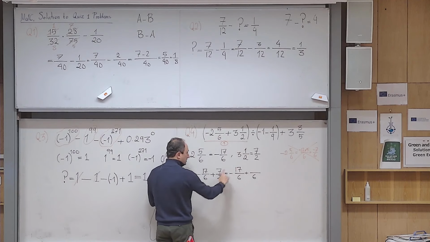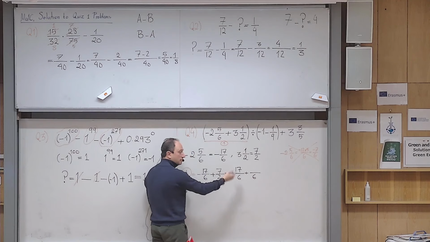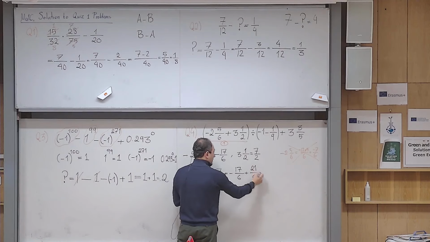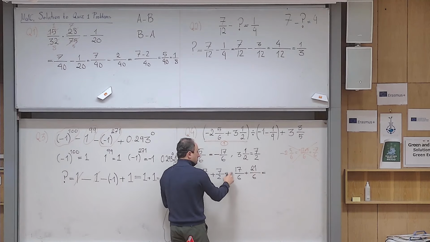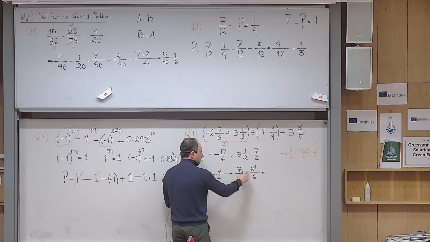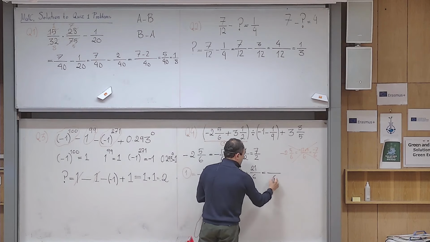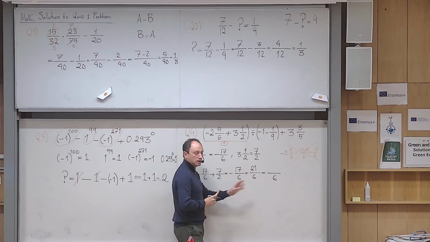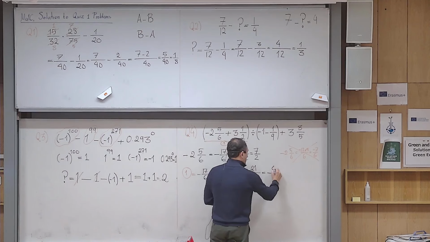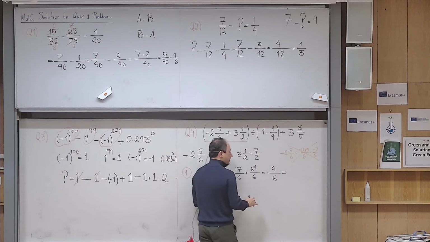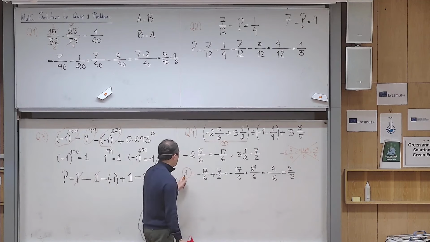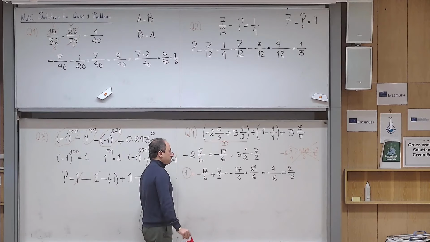But 2 has changed to 6 by being multiplied by 3, so I multiply this by 3 and it becomes 21. Then this is minus 17, this is plus 21, the denominator is 6. So minus 17 plus 21 is 4. Because we always simplify things, I simplify by 2 and it becomes 2/3. So that is the first part.